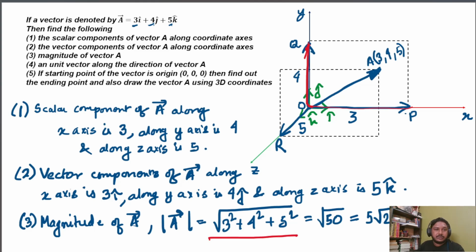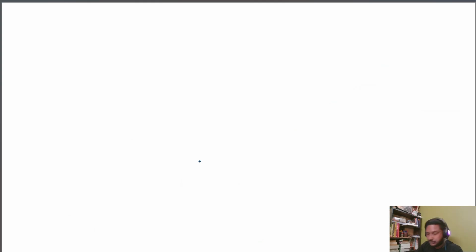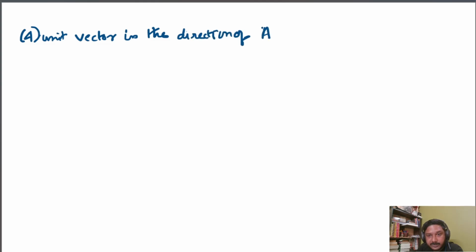Okay, so let us see the next part, which is basically a unit vector in the direction of A. So we have to find a unit vector in the direction of A. So let's go to the next page. Okay, so number 4 is a unit vector in the direction of vector A. The unit vector is represented by A cap, which is basically the vector divided by the magnitude of that vector.